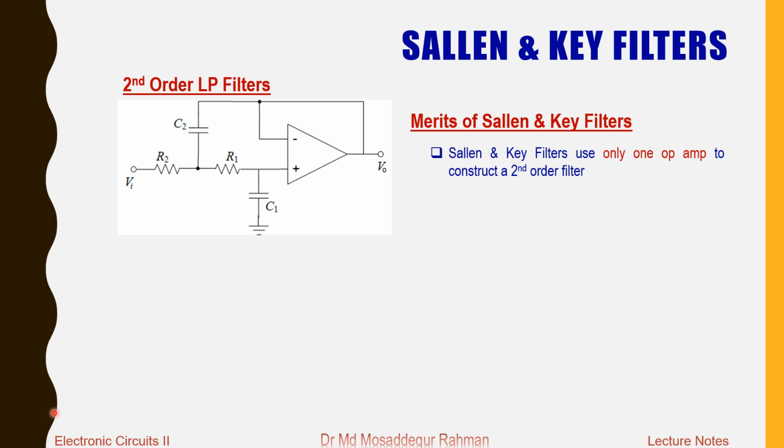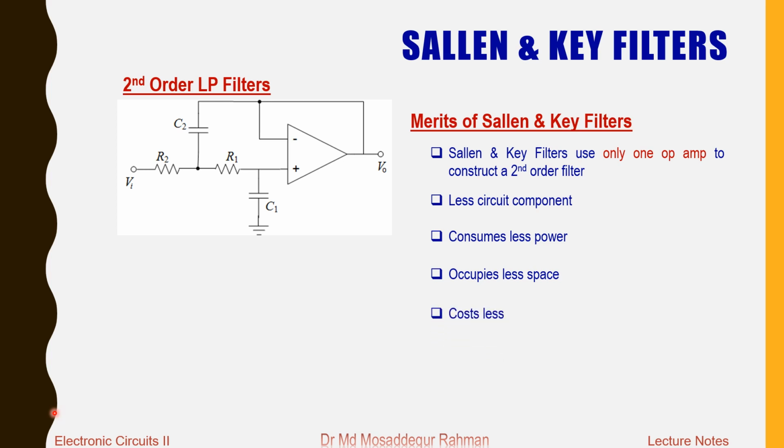So it takes fewer circuit components, only one op amp instead of two. It will consume less power, it will occupy less space, and it will be cheaper. So these are the merits of Sallen and Key filters.